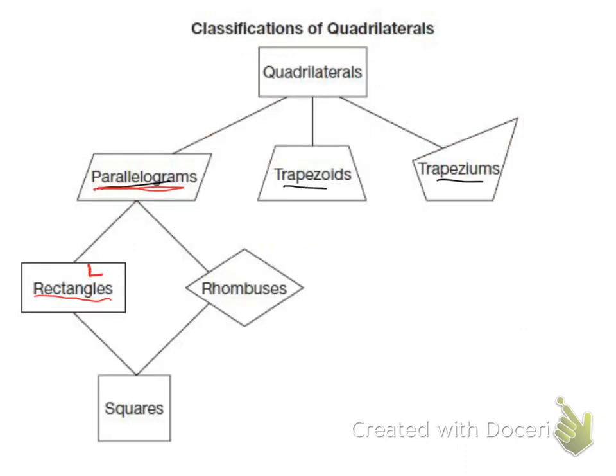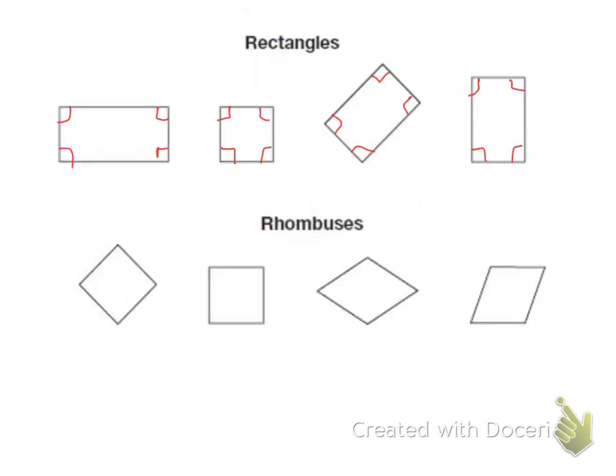Now, a rhombus is a parallelogram with 4 congruent sides, which means that all of the sides are the same length. Here are these rhombuses, and you can see that these sides are all the same length. So we'd call that a rhombus.